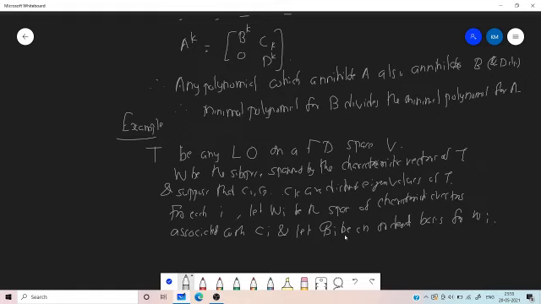the lemma: if T alpha equal to C alpha and if f is any polynomial, f(T) alpha equal to f(C) alpha.